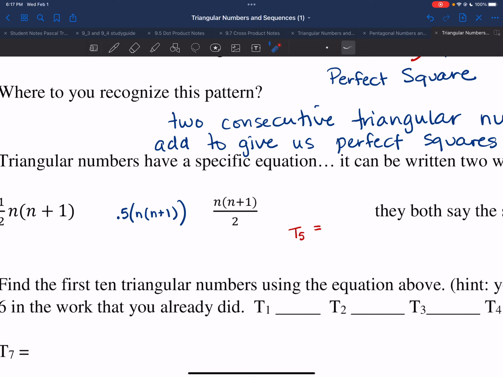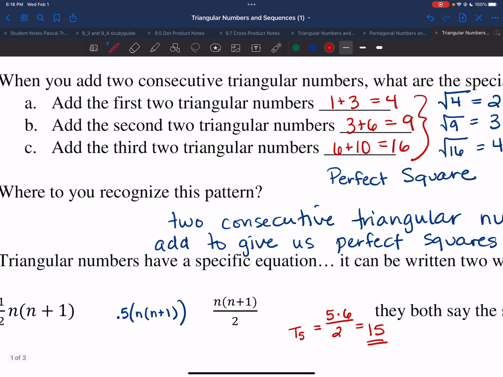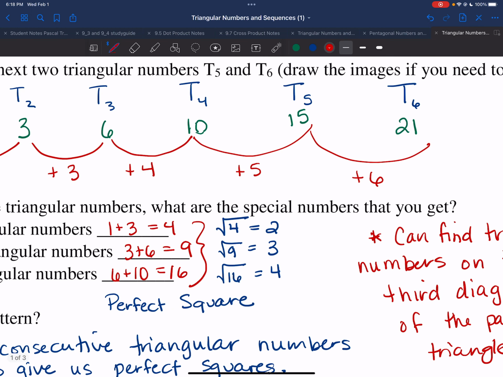So in this case, I would have T5 equals 5 times 6 divided by 2. Because my n is 5, and 6 would be 5 plus 1. So 5 times 6 is 30, divided by 2 gives me 15. And up here, we hypothesized that it would be 15, and we were right.